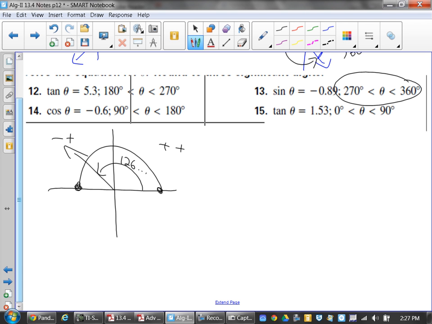What would be different here is if it asked this within the third quadrant, then you'd have to find this reference angle to bounce into here. That's the only thing you have to be cautious of when you're finding a cosine that's obtuse, because then you've got to get your reference to become vertical. Okay? And then lastly, the tangent of 1.5, it's asking you for a positive tangent value, which should bump you to the first quadrant. Doesn't that automatically give you the solution they're looking for? Yep. You're done.